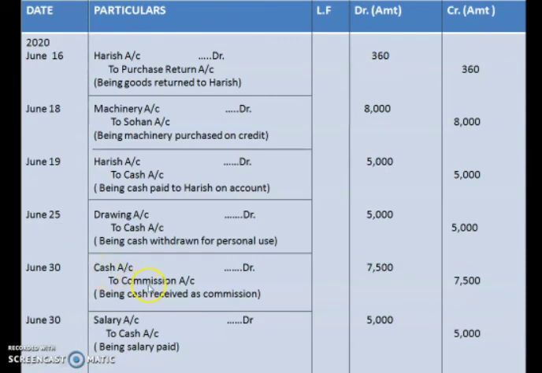Commission received means cash is coming into the business. So cash is increased, so increase in cash, debited. Commission is the revenue. When commission or revenue increases, you have to credit it. So 7,500, being cash received as commission.